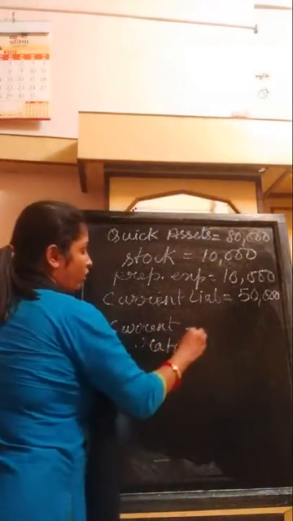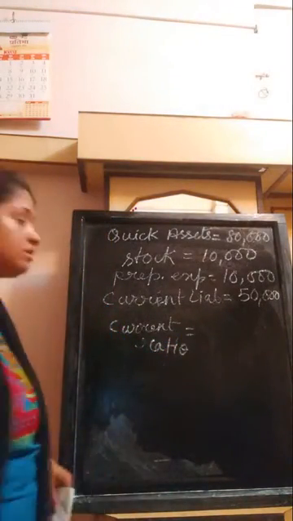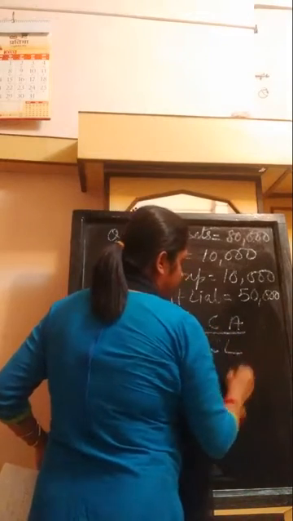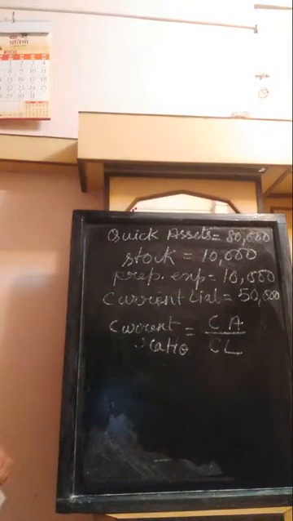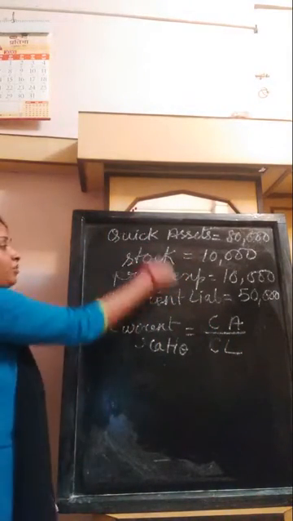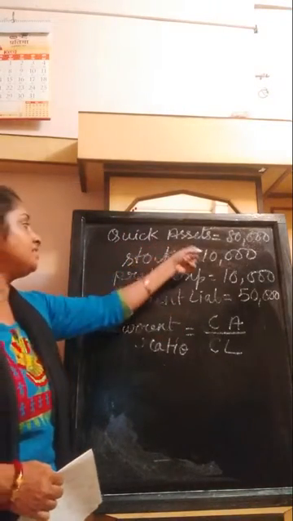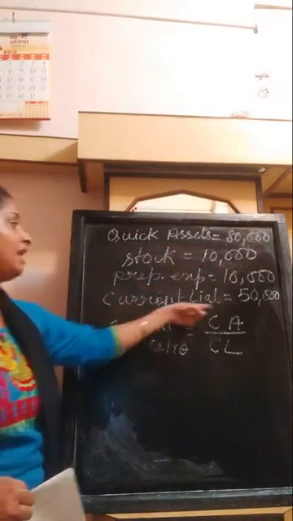So what will you do? Current ratio means current assets divided by current liabilities. But since current asset is missing in this information, the information provided to you is quick assets, stock, prepaid expense and current liabilities.